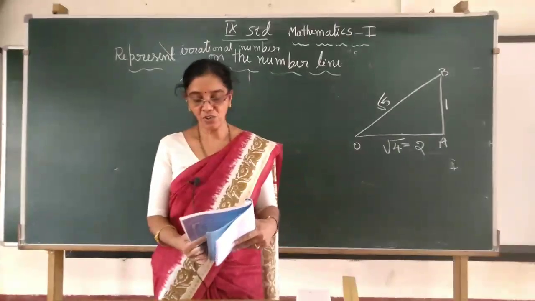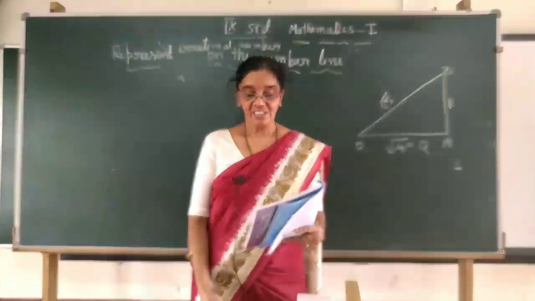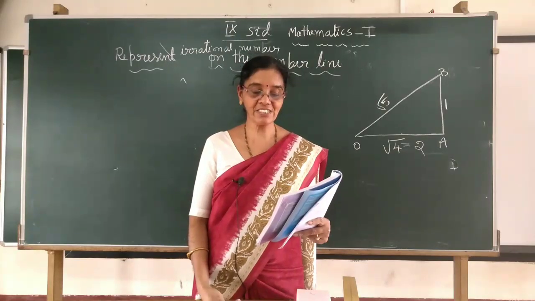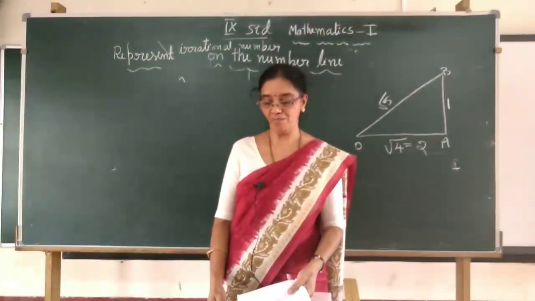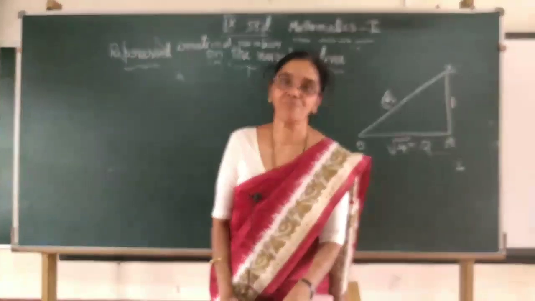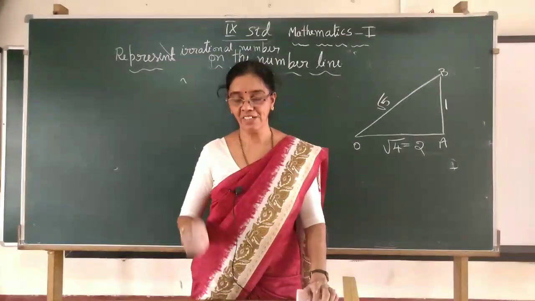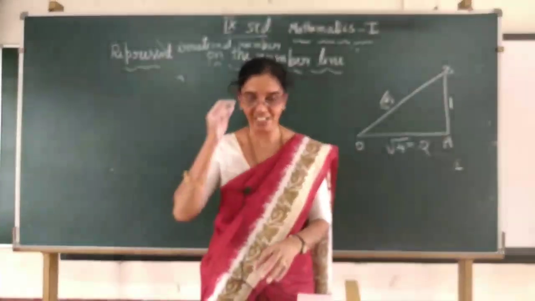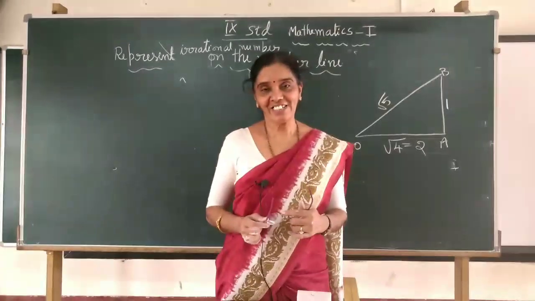And now tell me true or false. First one, every irrational number is a real number. True or false? Every irrational number is a rational number. Your answer is correct. Right it is.